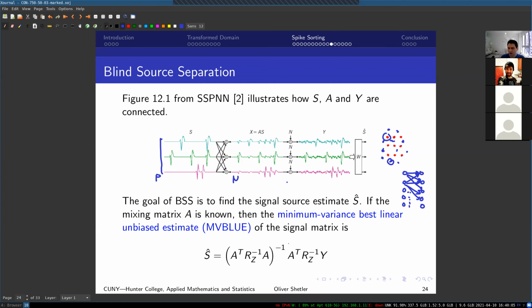Now, this of course is not generally the case. We don't know what the mixing matrix is. Although we can make some assumptions about the mixing matrix, as I mentioned, based on the structure of the cortex, as well as the structure of the array. So it's not a completely lost cause to try to reconstruct it, but in general, we tend to assume that we just don't know the mixing matrix.